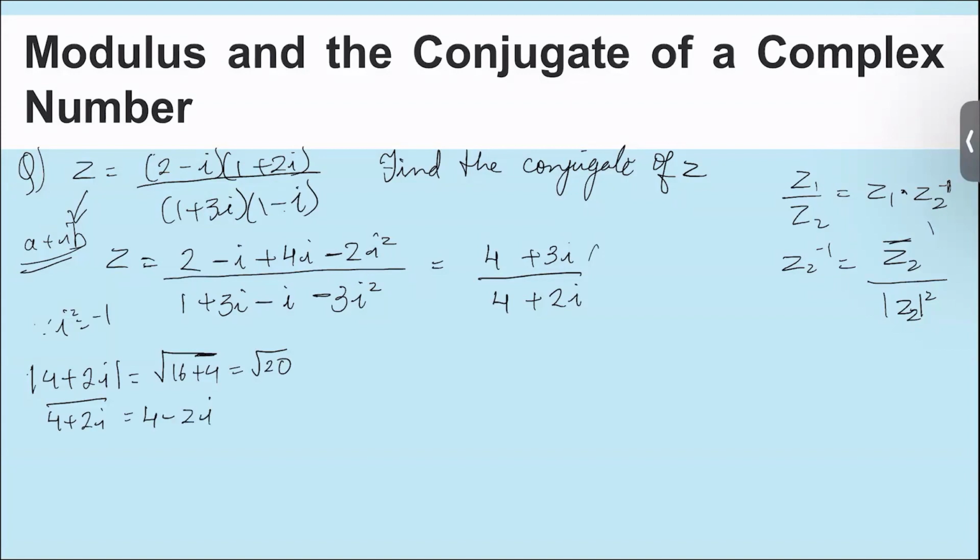So you directly substitute for 4 plus 2i in the denominator. So you substitute your conjugate of the denominator upon the square of the modulus of the denominator. So you have 4 plus 3i multiplied by your conjugate.